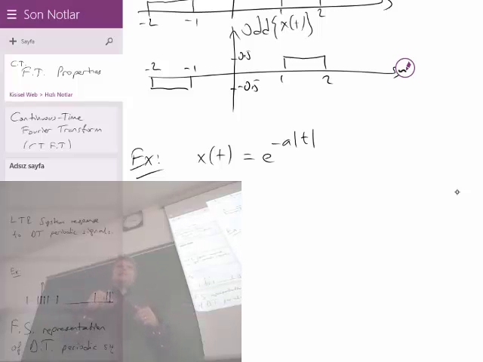But this one, the Fourier transform will not contain any j's. It will be totally real. And in fact, it will be 2a over a squared plus omega squared. But we are not going to do that today. We stop at this point. Tomorrow we will start with this example and see why this Fourier transform is real.